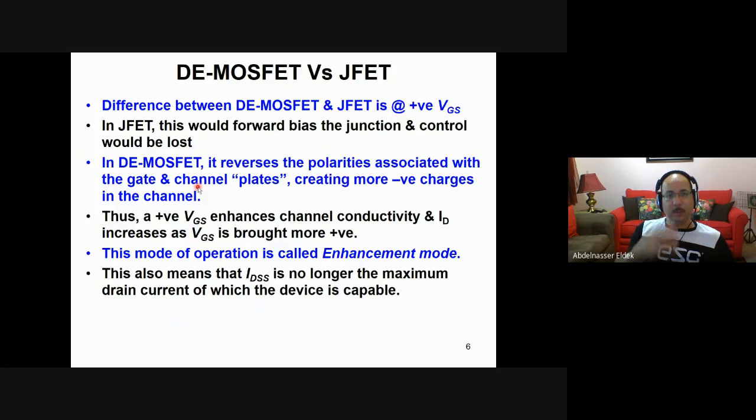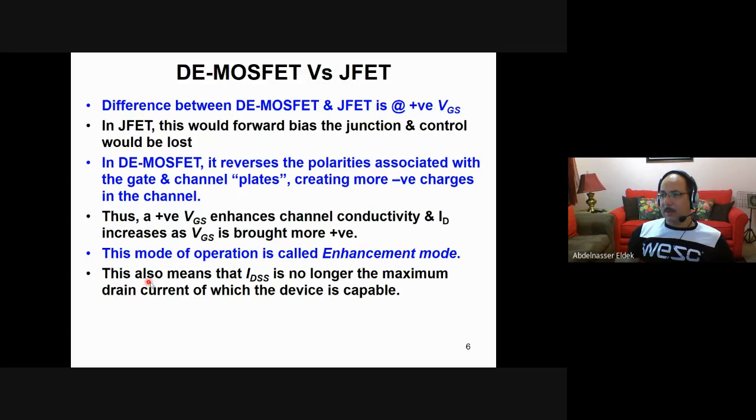So you have more electrons to move from the source to the drain. This will create more negative charges in the channel. Thus, positive VGS enhances the channel conductivity by increasing the current, of course. This mode is called enhancement mode.